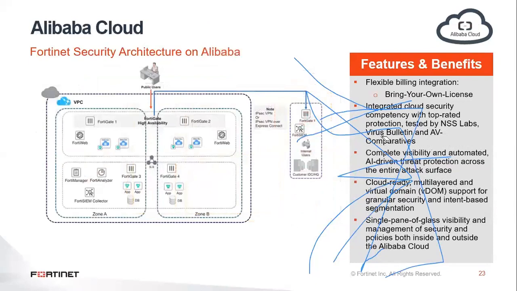Fortinet Security Fabric for Alibaba Cloud, same way like for other clouds, offers consistent and best-in-class security. It protects workloads across on-premise data centers and cloud environments, and also supports multi-layer security for applications which are developed and monitored. Fortinet's broad integrated solution protects the applications, data, and the infrastructure that support them.